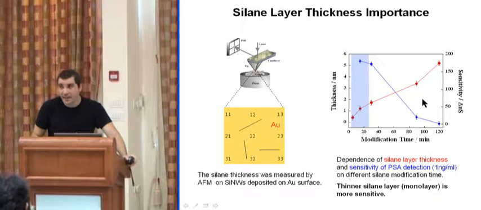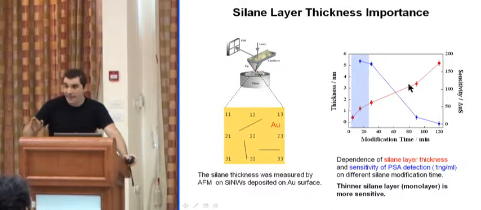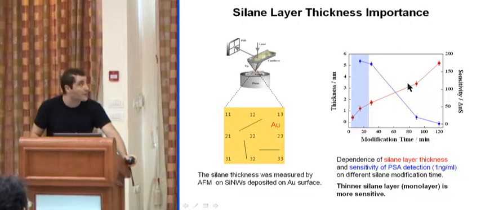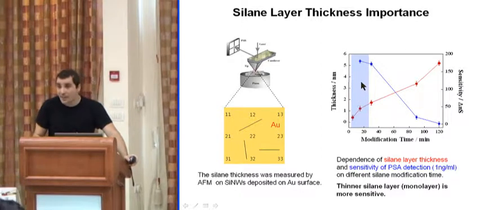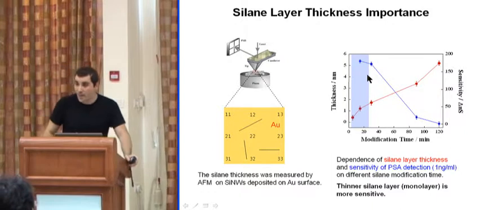And we see clearly that as the thickness of the silane layer, or the sensing layer, gets thicker and thicker, we get a dramatic decrease of the sensitivity of the devices. So we would like to be in this region where the thickness of the silane is between 1 to 2 nanometers, and we get high signals.